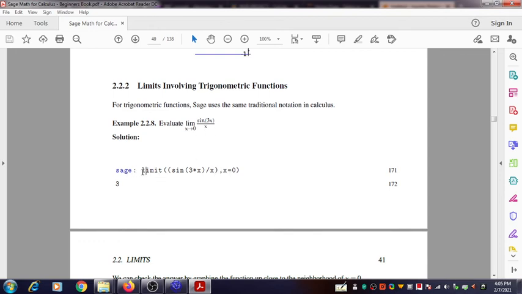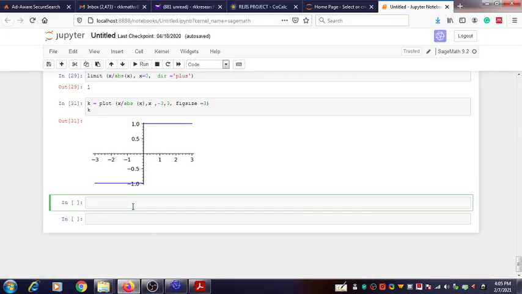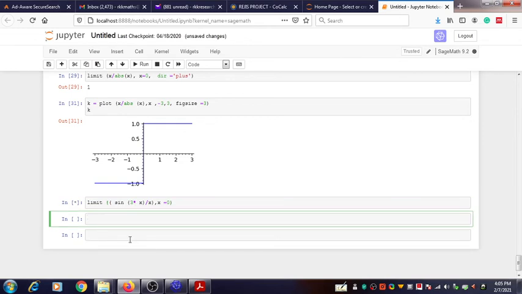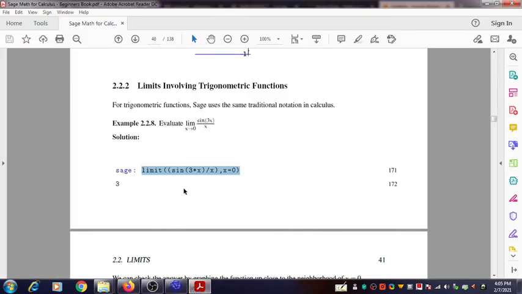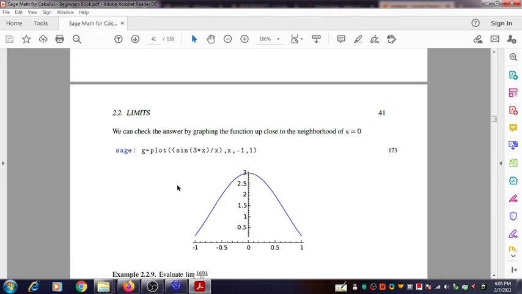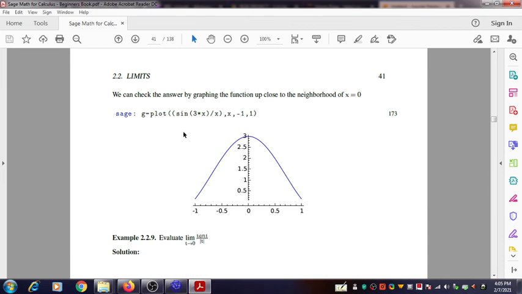So I am going to copy this, and you can see that output very easily. Yeah, 3 is the answer obtained. Okay, if you want to plot that curve also, you can use the plot command.